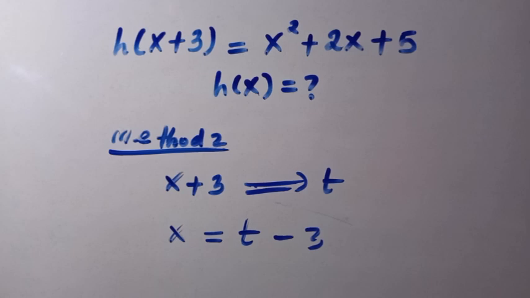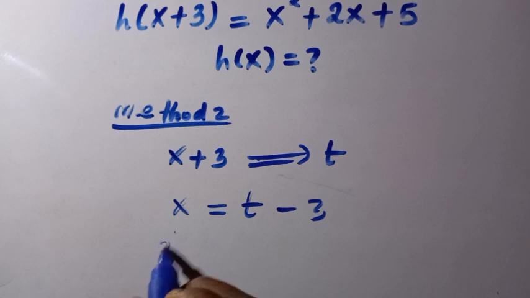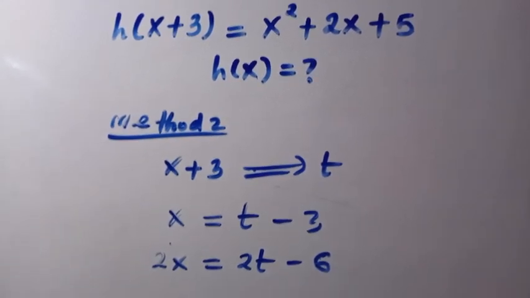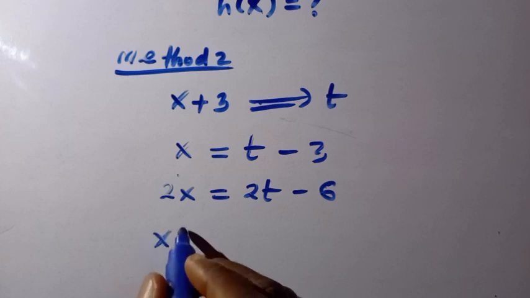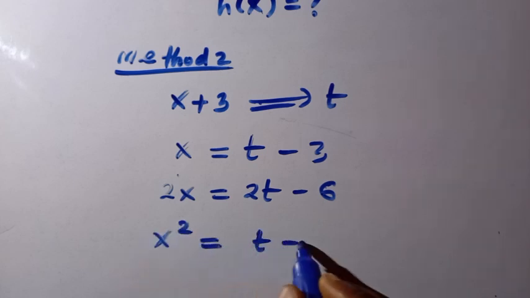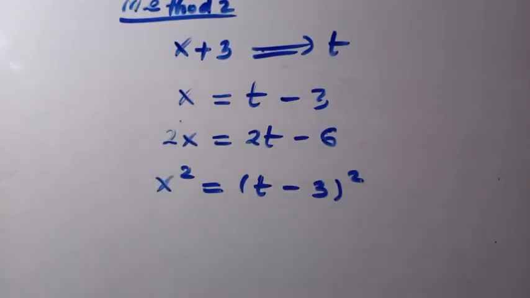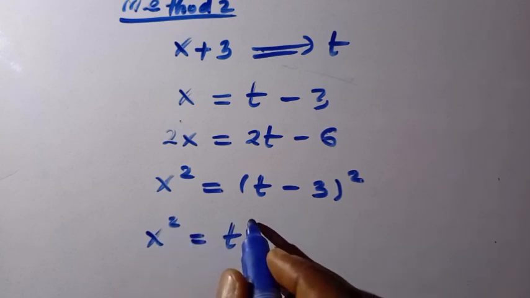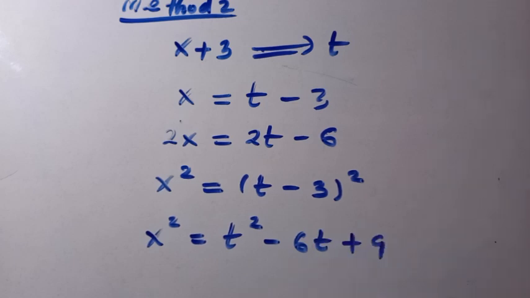From the given question, we need 2x. By multiplying this with 2, we have 2x equals 2t minus 6. Also, from here we need x squared. We have x equals t minus 3, so by squaring both sides, x squared equals t minus 3 squared. By expanding this, it becomes t squared minus 6t plus 9.